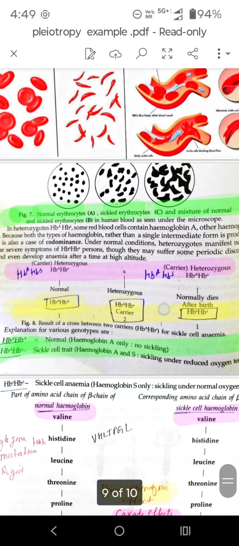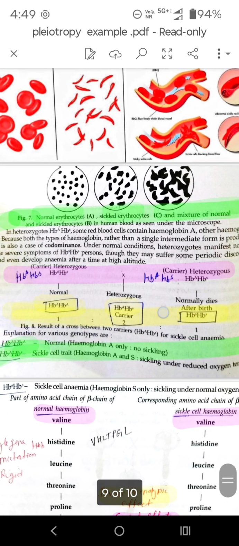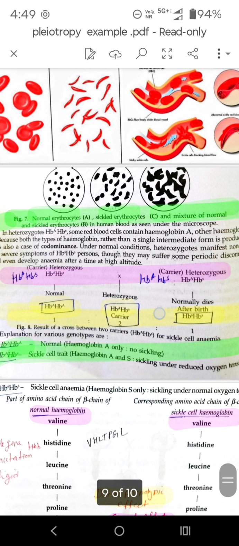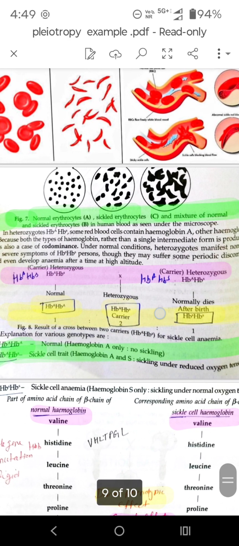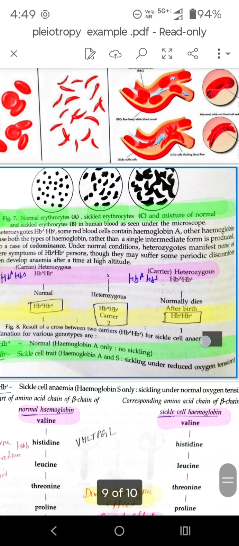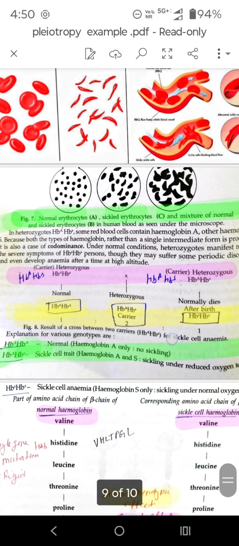So if a carrier is crossed with a normal individual, there is a possibility of one normal and one carrier. But if two carriers cross with each other, because it is a double recessive character, the individual will have the lethal genes, HbS HbS, and will die. This is how this gene impacts the next generation.